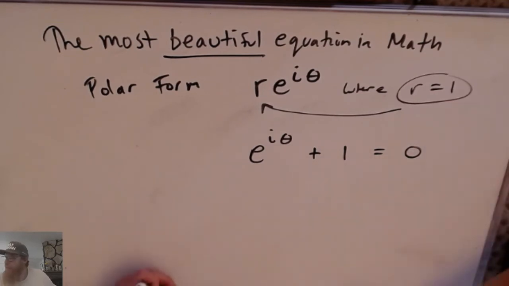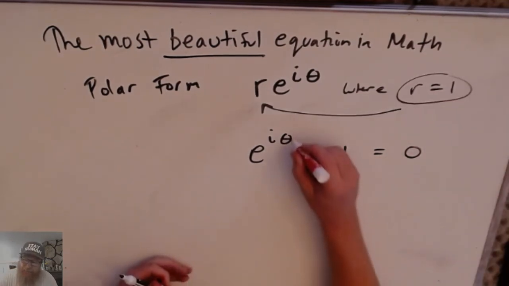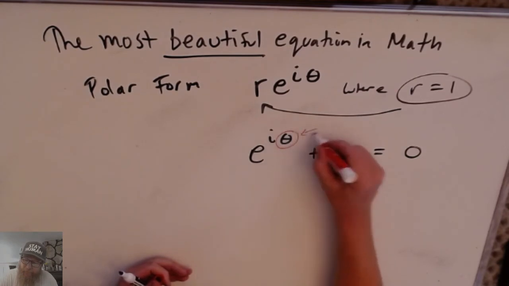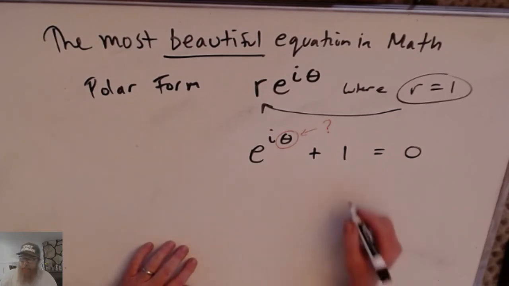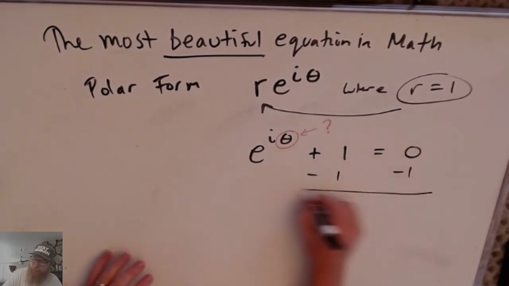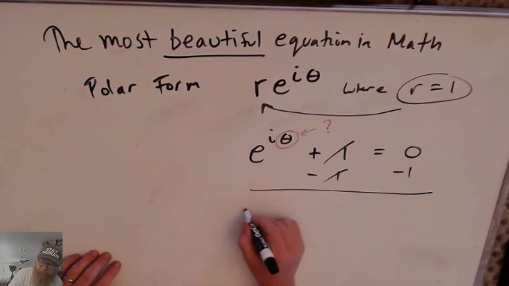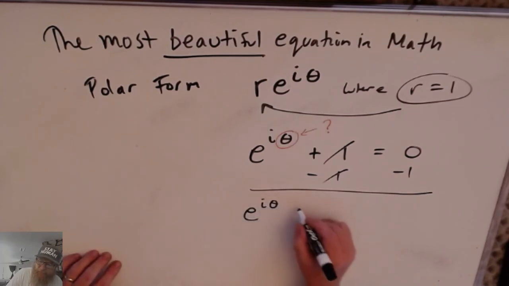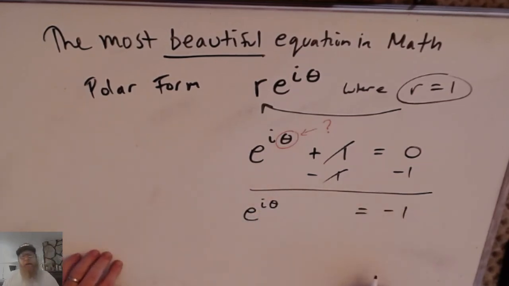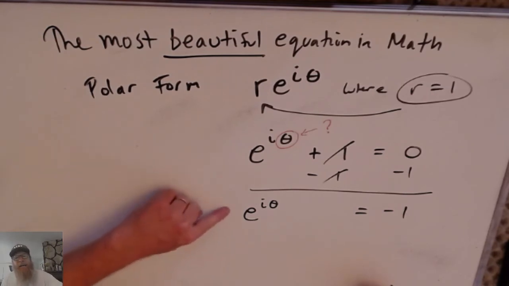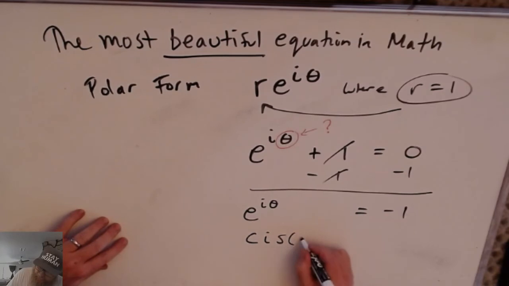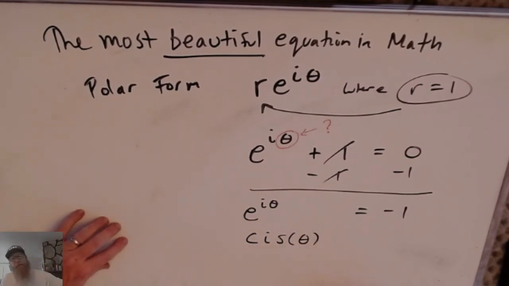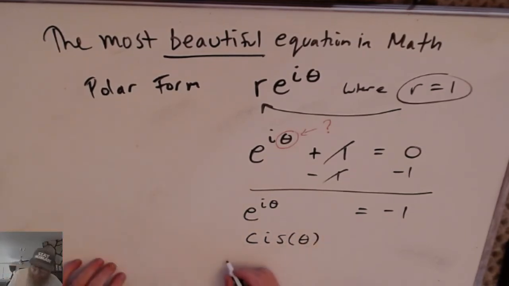And I want to find what is theta. So solve this equation for theta. So we'll move it to the other side. Remember what e^(i theta) actually means. It means cis theta, cosine plus i sine.